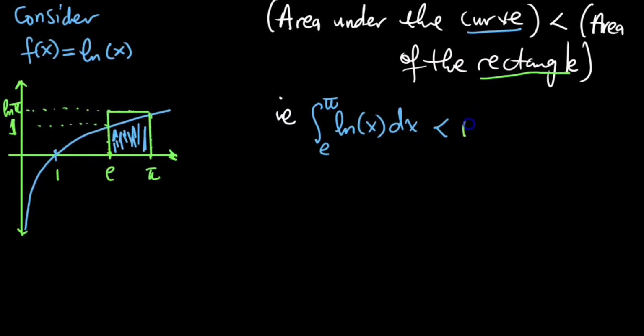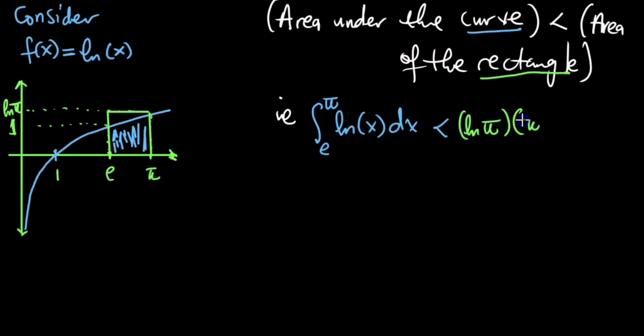So we'll say natural logarithm of pi minus 0. Sorry, let me write natural logarithm of pi. Okay, so natural logarithm of pi minus 0 will give us a length, times the breadth of the rectangle, that is the horizontal length, which will be pi minus e.